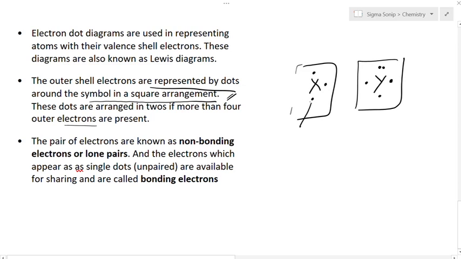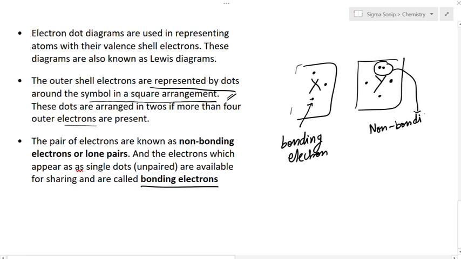These single electrons are known as bonding electrons because these electrons are available for bonding. The electrons which are already paired up are known as non-bonding electrons or lone pairs.